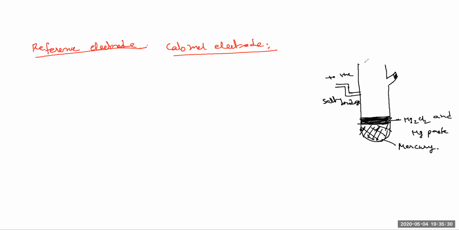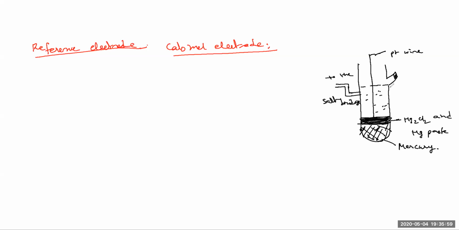Salt bridge. So next, a platinum wire like this. This is the platinum wire. From here, this range has the solution. What is the solution?